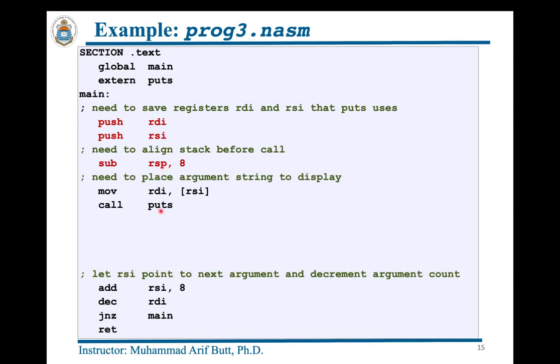And of course, after this PUTS call returns, we need to restore the contents of these 3 registers. Dear students, do note that the sequence of these 3 instructions over here is reversed as compared to this. Okay, I hope now every line of this code makes sense to you.